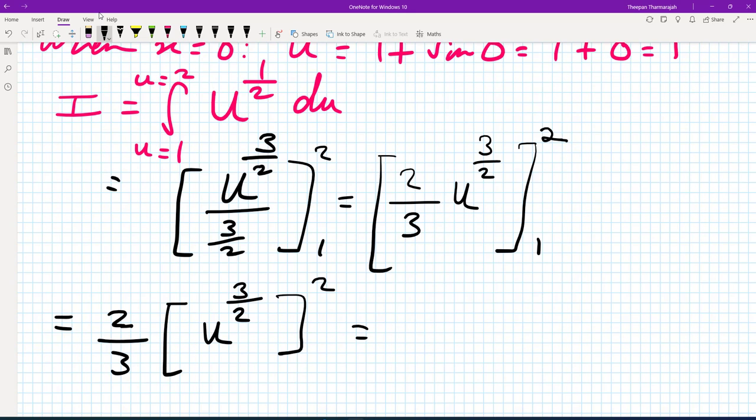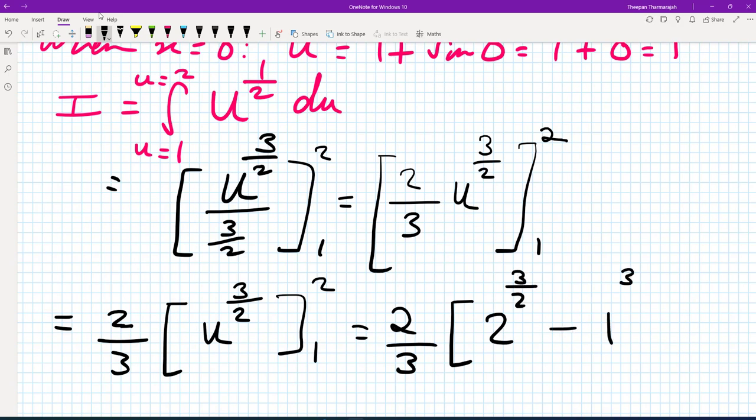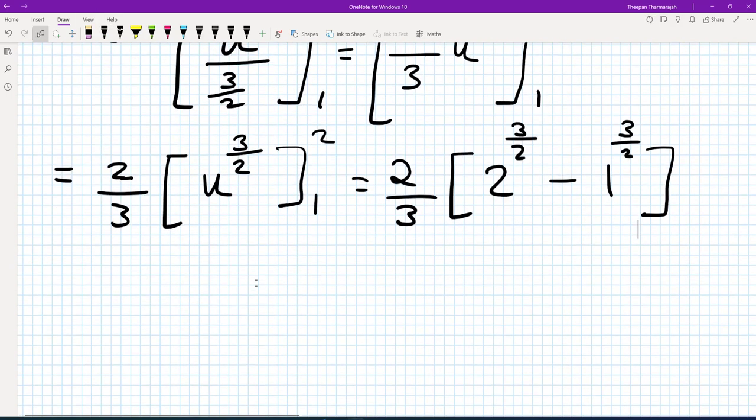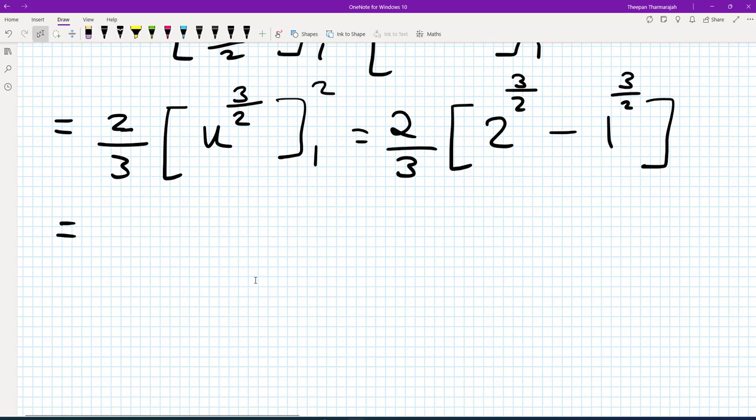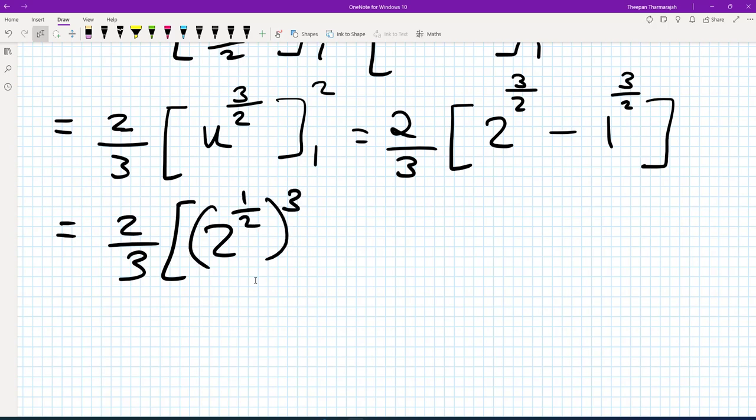So we get 2/3 times (2 to the power 3 over 2 minus 1 to the power 3 over 2). This is the same thing as 2/3 times (2 to the power of a half, raised to the power of 3, from the laws of indices, minus 1).